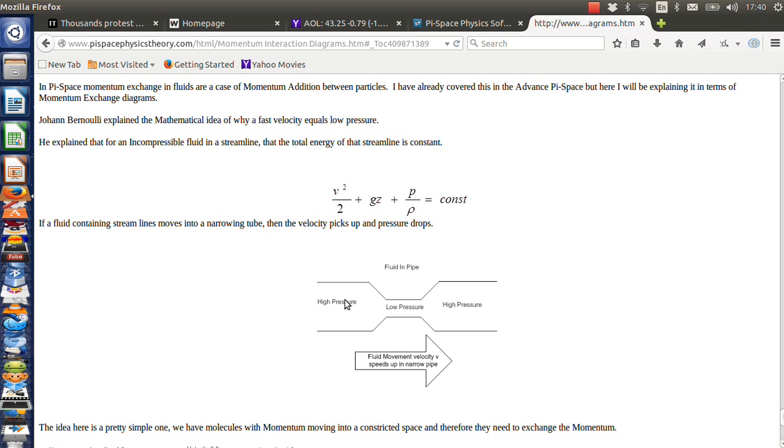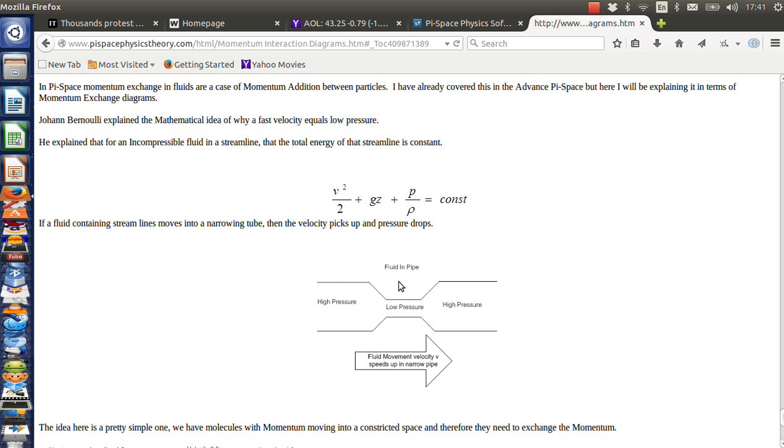So we're assuming that we're running, in this case, parallel to gravity, so the gravitational field is the same at all points. But you put this in because this is required depending on the kind of problem you're trying to solve. Basically, he said it's a constant. So if you have high pressure here and a smaller area here, you have to get low pressure, because it's a constant.